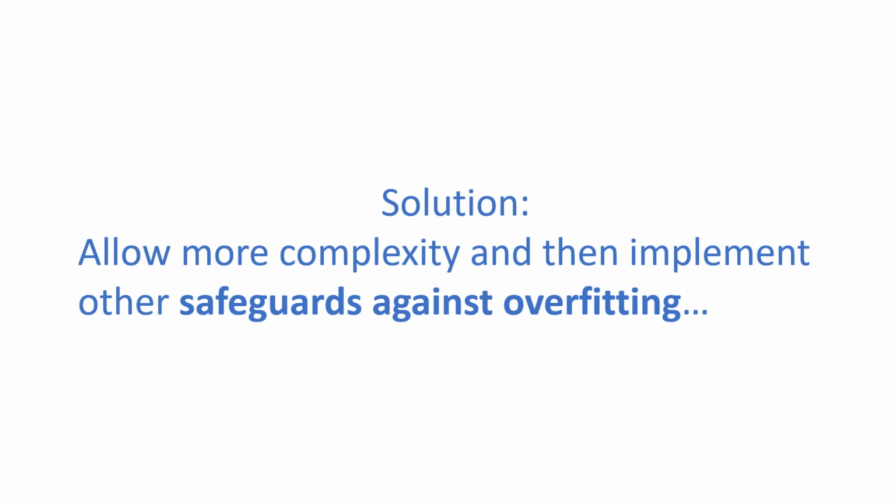That is why we allow that, but then we apply a lot of safeguards against overfitting. So as a machine learning engineer, you have to understand conceptually what those safeguards are and how to apply them, because that is how practical models will be built.